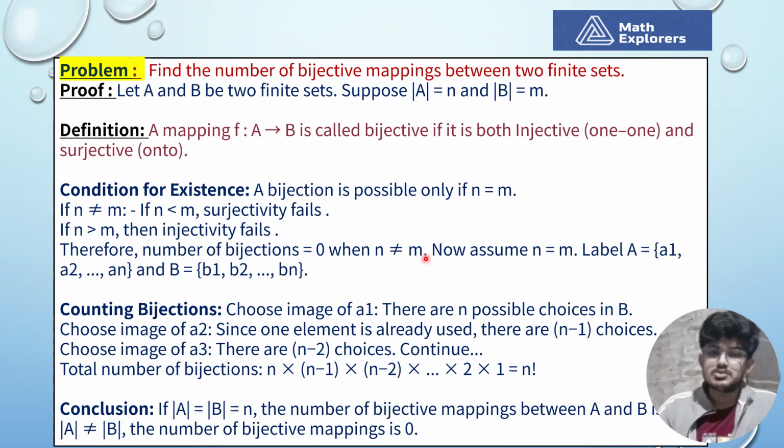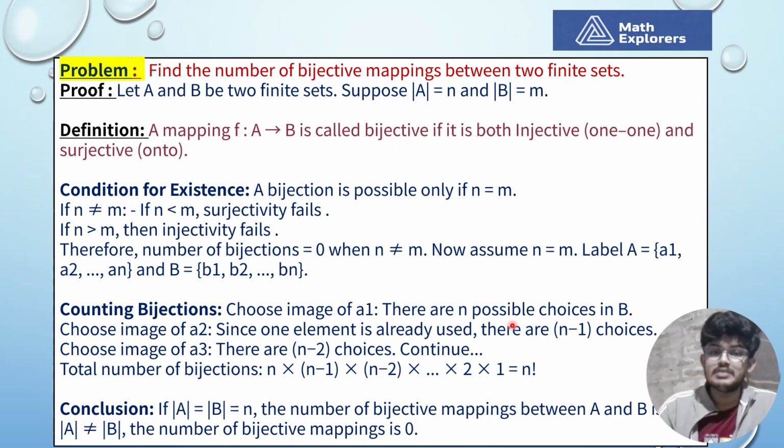Now assume n equal to m. Let A equal to a1, a2 dot dot dot an. A का member है a1, a2 dot dot dot an and B का member है b1, b2 dot dot dot bm. Now, counting the bijections, choose image of a1.